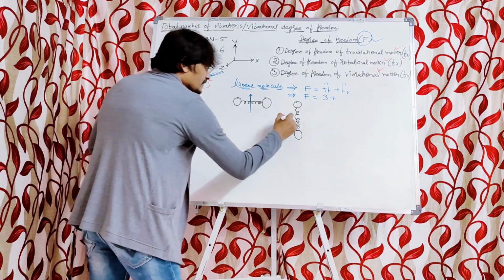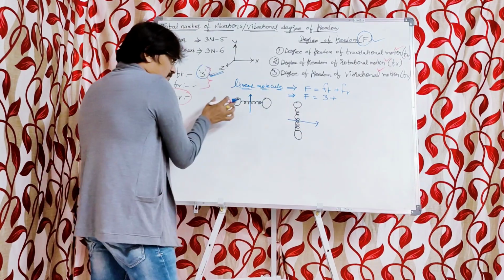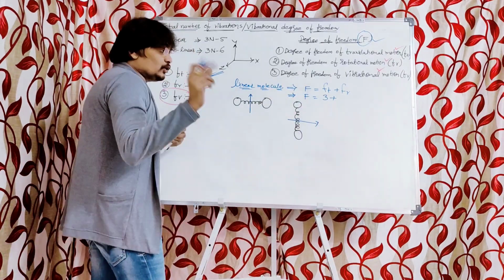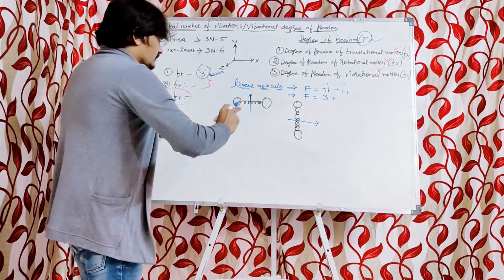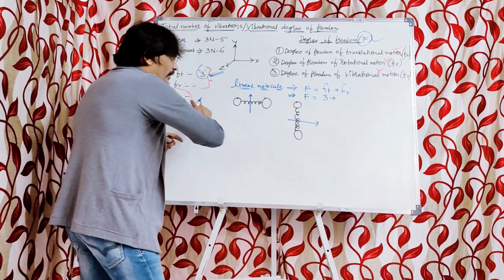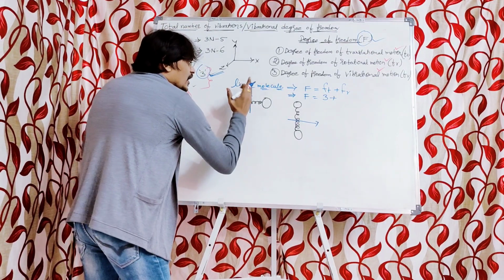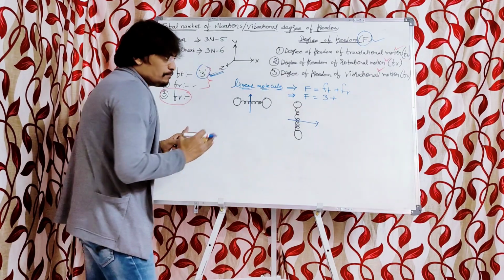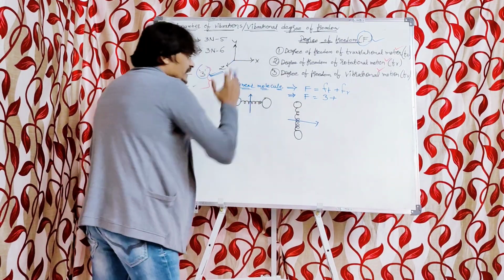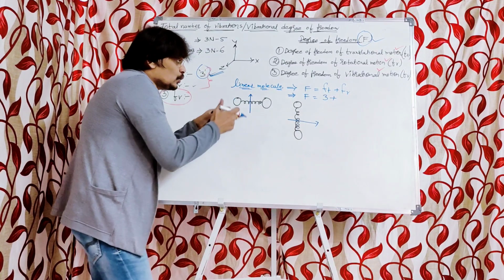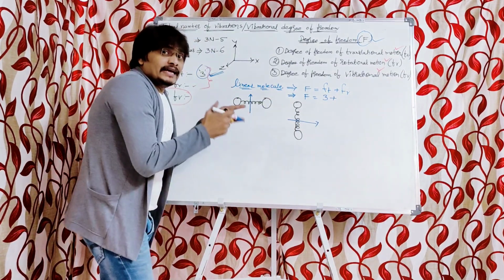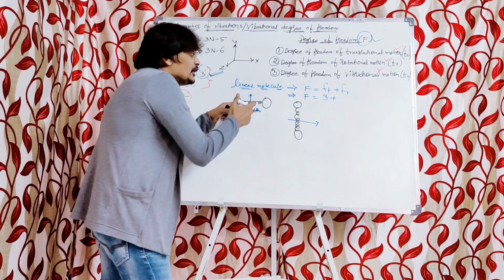This is horizontal, this is vertical, perpendicular, only in two ways. A linear molecule can rotate only in these two ways, perpendicular to the axis, passing through the center of mass in two directions.